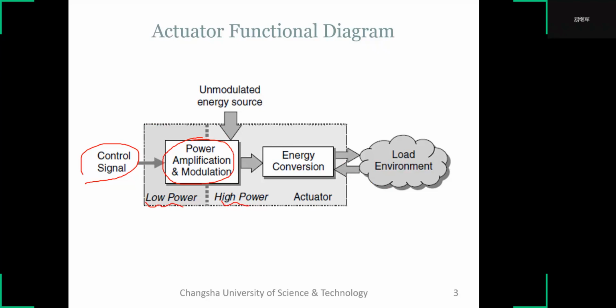It converts the low power to high power and gives it to the actuator. The actuator transfers the energy from electrical energy to mechanical energy. This is an actuator functional diagram.